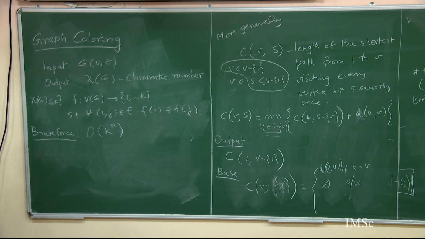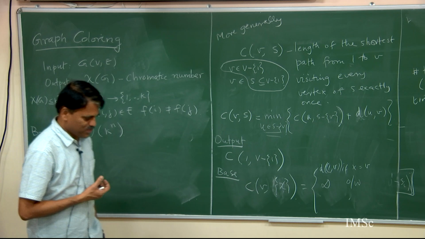So, if it is 50 colorable, then this is like 50 power n, because you just go, can you color it with 3 colors, 4 colors, 5 colors, and eventually the first time you get a yes is when you stop. Now, using dynamic programming, you can improve it substantially. Now, let us see how do you break it up into problems, right.